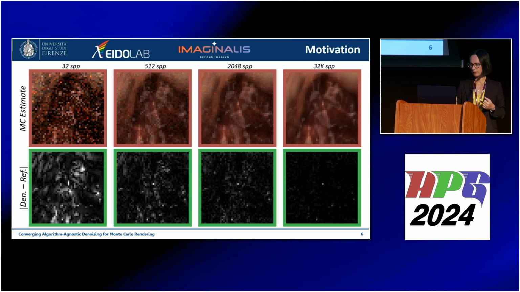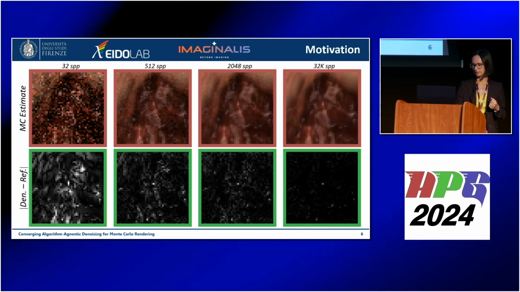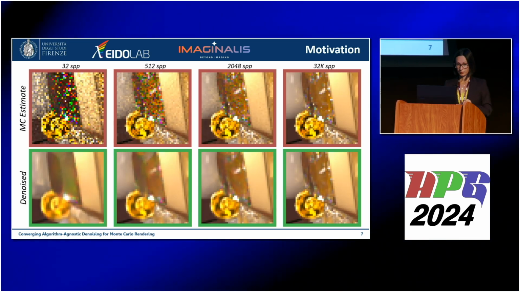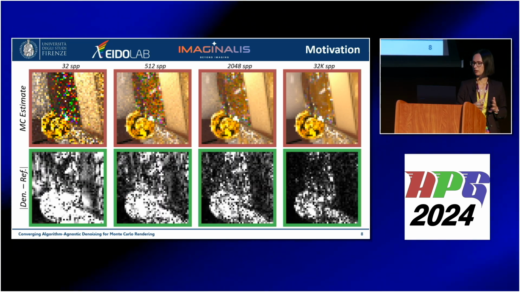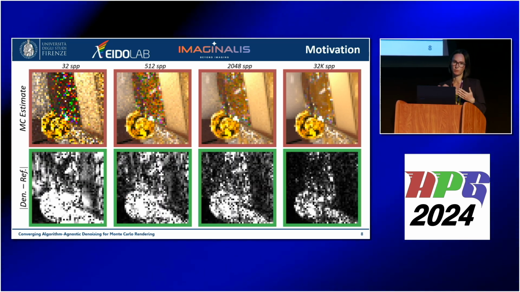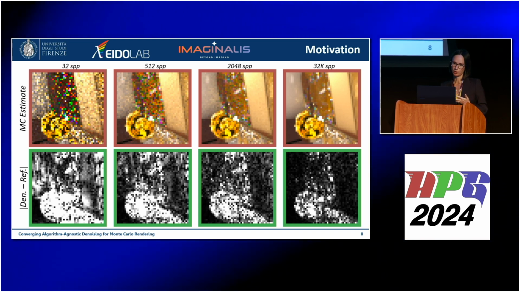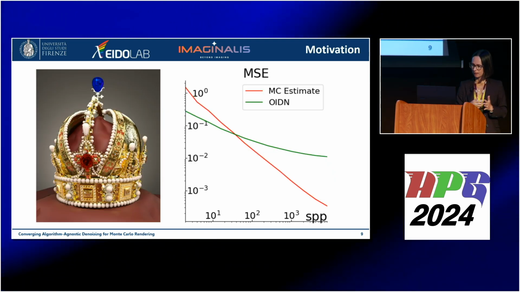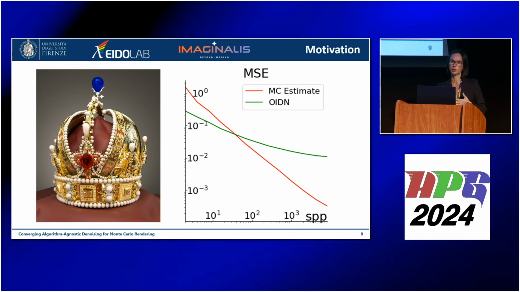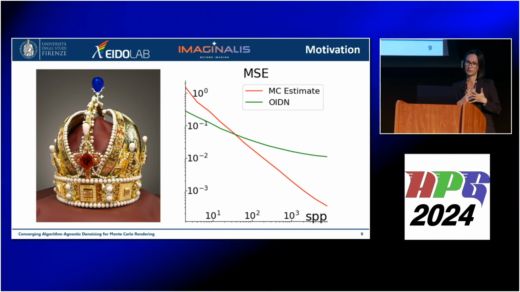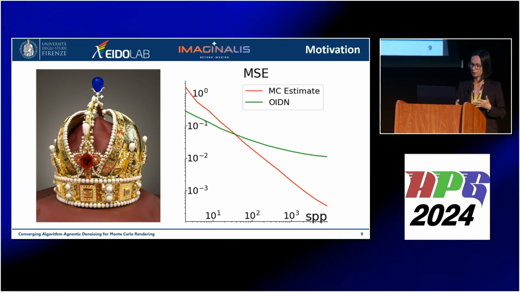Here, darker pixels indicate better results. Sometimes, especially in scenes with a lot of fine details, denoising may even stop improving the quality starting at some iteration. In such cases, the sequence of the denoised images doesn't even converge to the reference image.